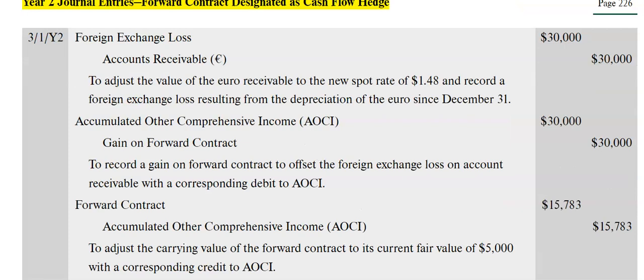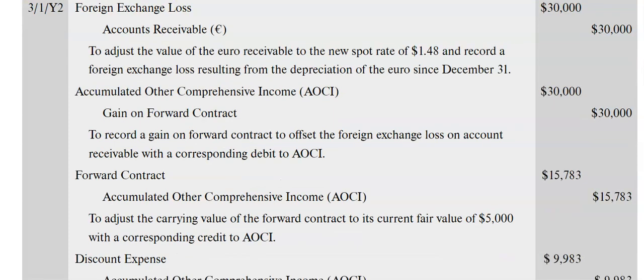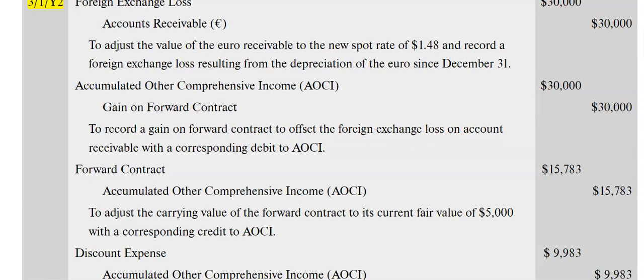Year 2 journal entries, forward contract designated as cash flow hedge. On 3/1/Y2: Foreign exchange loss, $30,000.